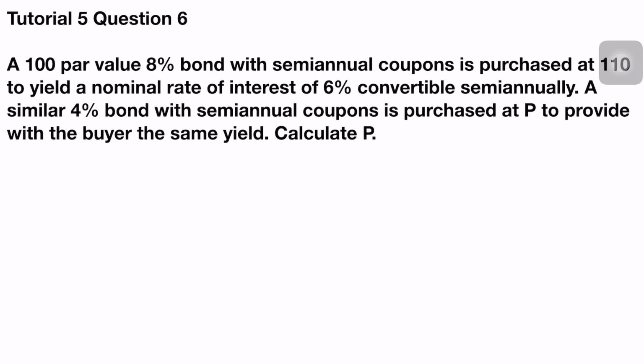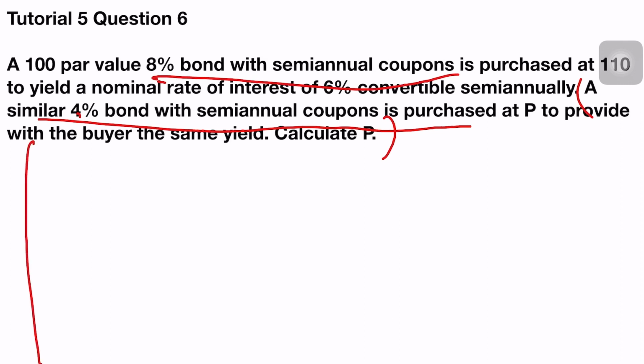Question number 6. This question has 2 bonds to calculate. The only thing different is the R. This is 4%, and this is 8%, and all the other things are equal. So maybe we can write like this. The first one, F is the par value, 100.